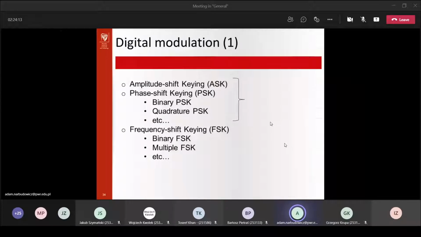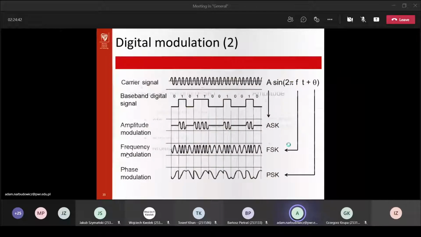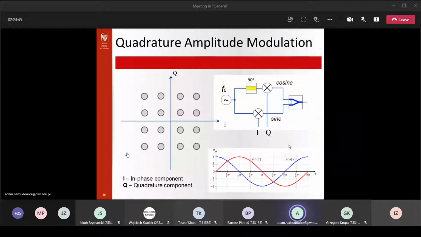We have one piece of information encoded in the amplitude and another encoded in the phase. This is called QAM, quadrature amplitude modulation, which simply combines both amplitude and phase in order to push more and more information. Then again, based on the number of levels, as I mentioned earlier, you can have 16, 32, 64 QAM, and so on.